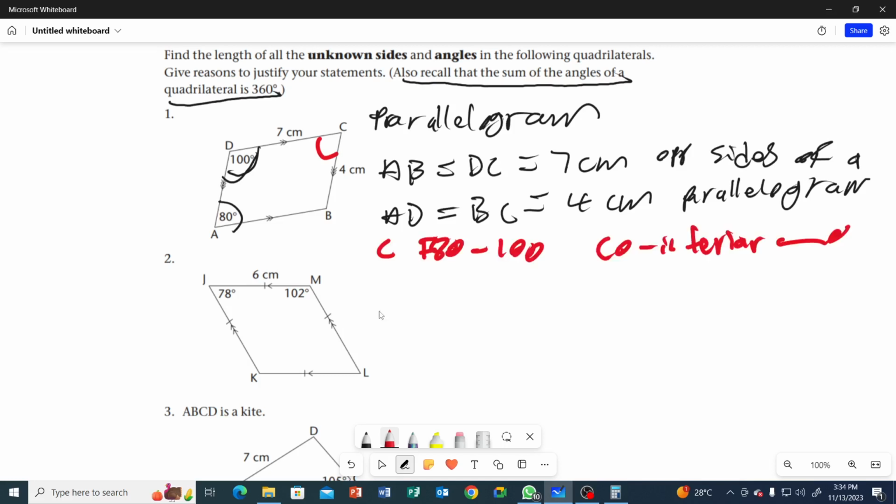Now, B will be 100. It is co-interior to A. It's also co-interior to C. So this was supposed to be angle C. Now angle B is equal to 180 minus 80, reason: co-interior angles.